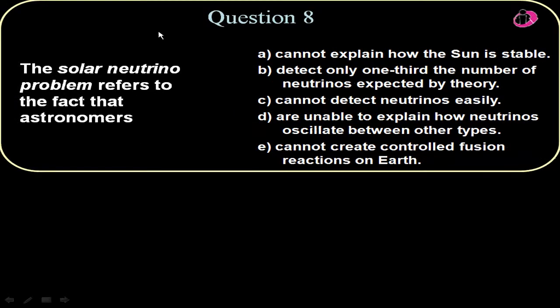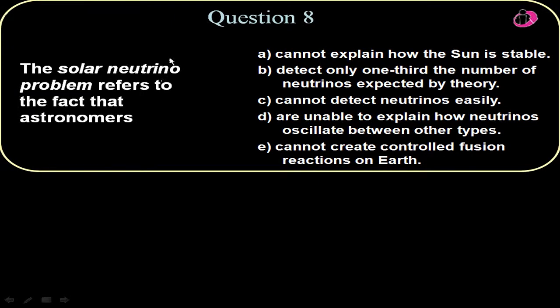Question 8. The solar neutrino problem was associated with searching for neutrinos to discover that this process of fusion was actually what's taking place in the center of the Sun. It's a pretty straightforward idea, but we want to confirm it. So you look for a certain number of neutrinos, which are very hard to detect in the first place.